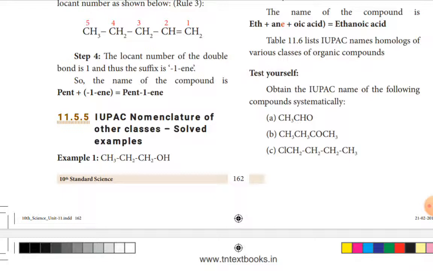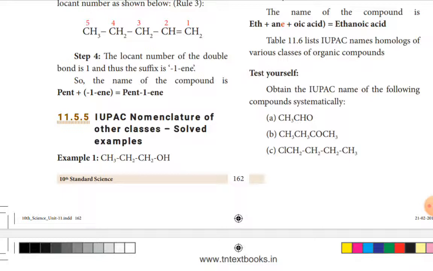So what is the parent hydrocarbon? 3 carbons and single covalent saturated compound, that is propane. Propane is the parent hydrocarbon of this compound. And the functional group here is OH, which refers to alcohol.